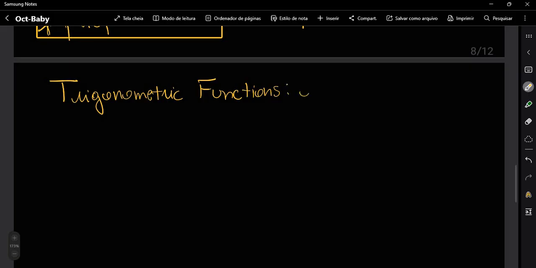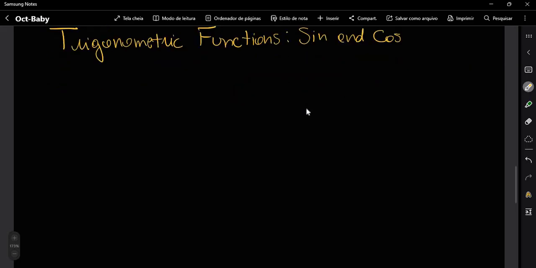And of course, we are talking about sine and cosine functions. The only way that we can approach such a topic is with calculus theory. So we cannot get away from this.